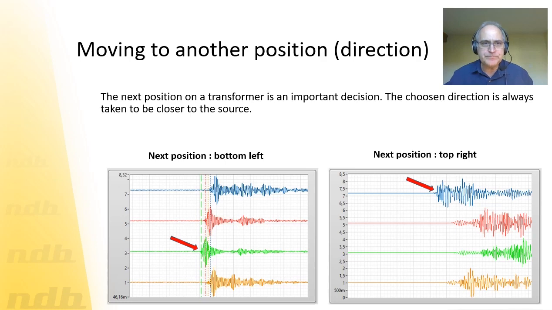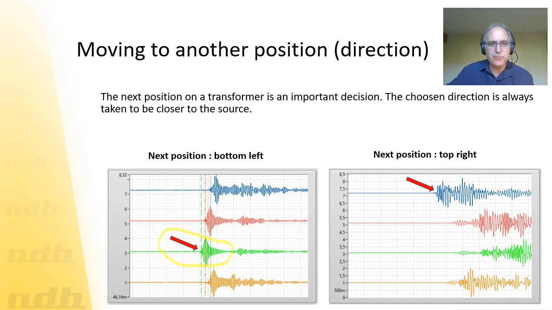So the next position, let's look at those two examples. We have a clear noise waveform, and the first waveform to capture acoustic pressure waves is sensor number 3.